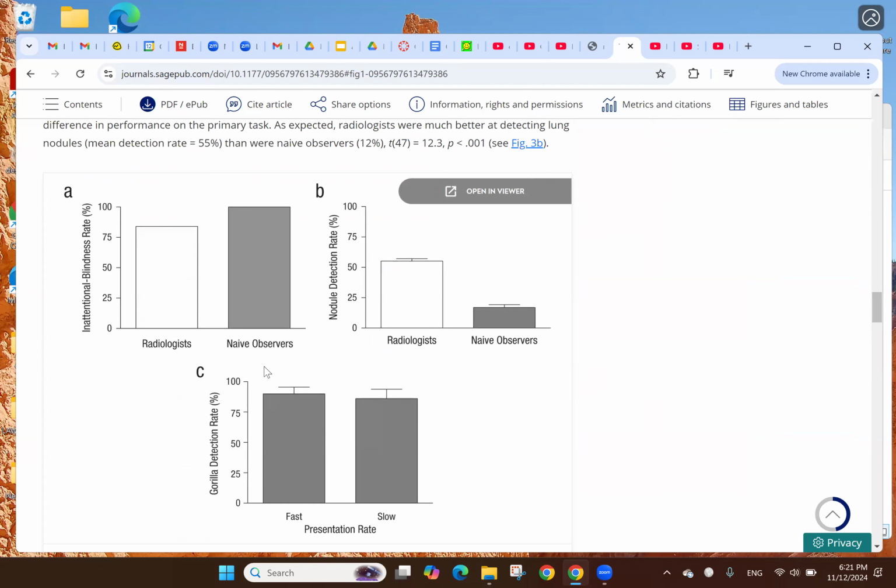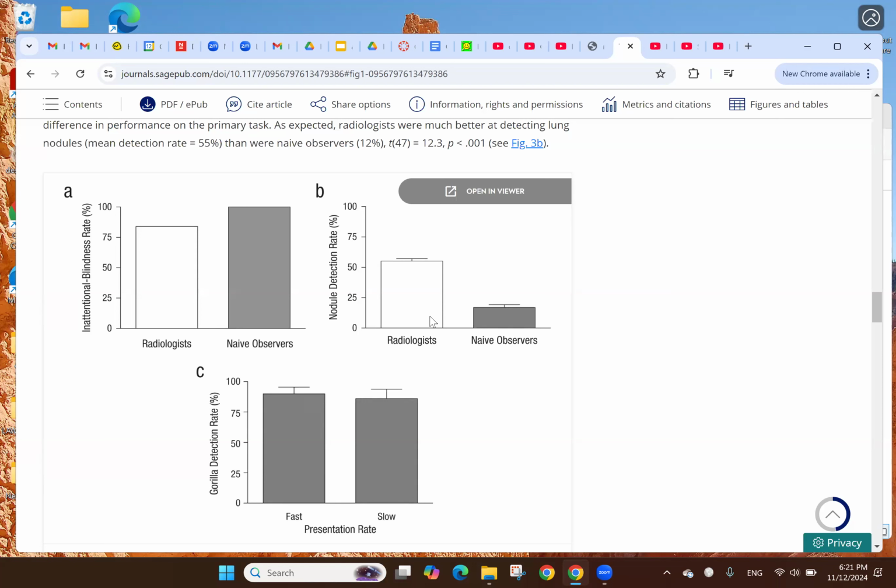radiology. It was much higher in naive observers, like somebody like me and you who would sit there and look for nodules. But for radiologists, it was very high too, meaning that as they're searching for nodules, they could miss a gorilla that big in the image.